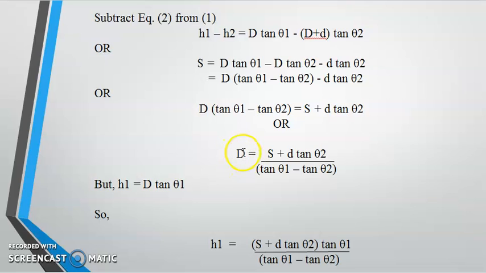As D was unknown to us in the diagram, since the base of the vertical object is inaccessible, here we have got the equation to get the horizontal distance between the base of the vertical object and the first instrument station. So we have got capital D here. S is known to us, small d is known to us, θ1 and θ2 are known to us.